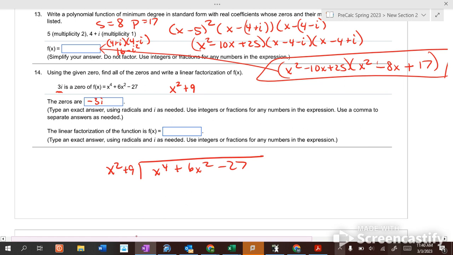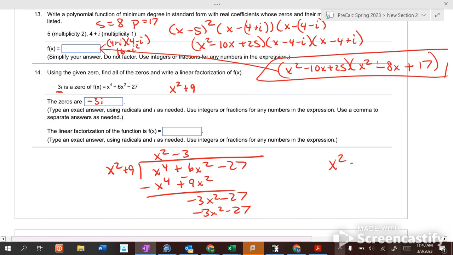So if we distribute, you get x to the fourth plus 9x squared. Change the signs on the bottom row and then add, you get negative 3x squared minus 27. What times x squared is negative 3x squared? Negative 3. So it's negative 3x squared minus 27. So x squared minus 3 factors into x plus square root of 3 and x minus square root of 3.